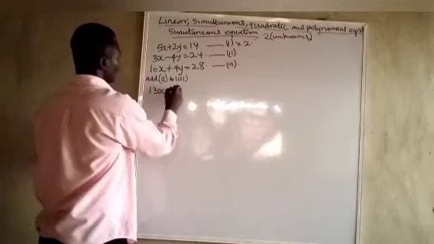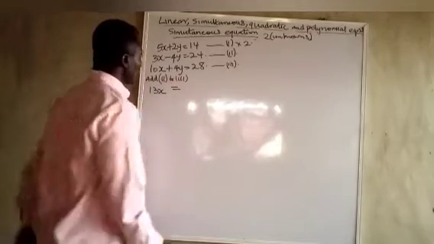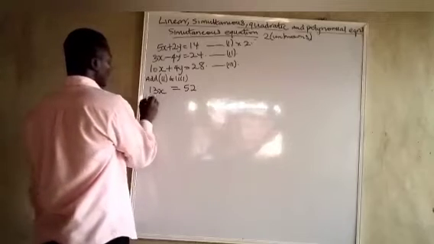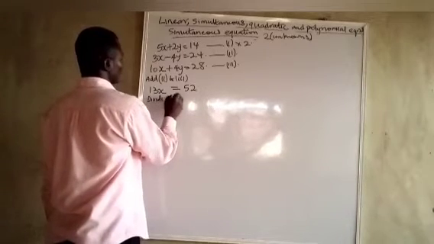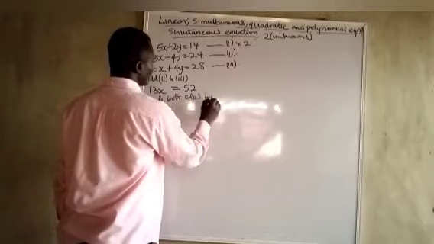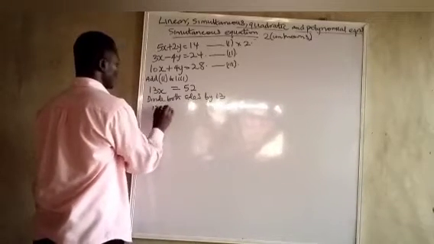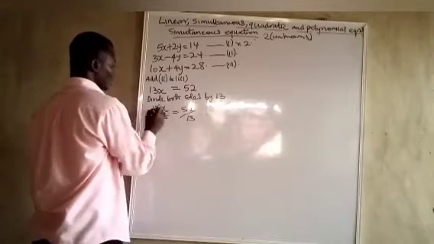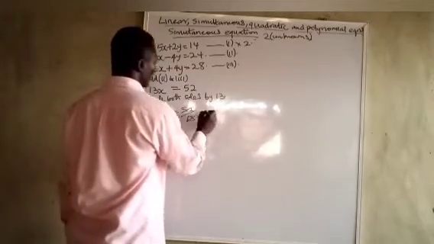This one cancels. Now, 24 plus 28, that is 52. So, to find x, I will divide both sides by 13. So I have 13x over 13 is equal to 52 over 13. So what does that give me? That one gives me 4.